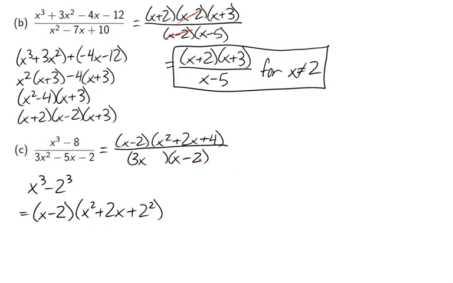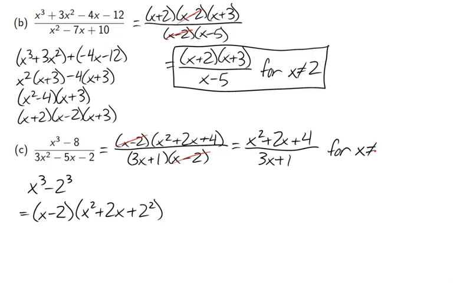So if I let this be -2, and this one be 1, that should do it. 3x squared minus 6x plus x is my minus 5x, and minus 2. Cool. So again, the x minus 2's cancel out, and I'm left with x squared plus 2x plus 4 over 3x plus 1.